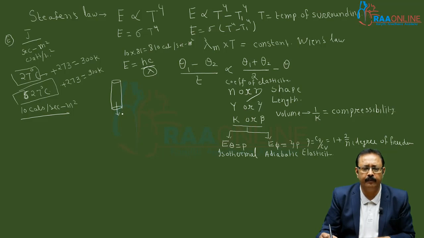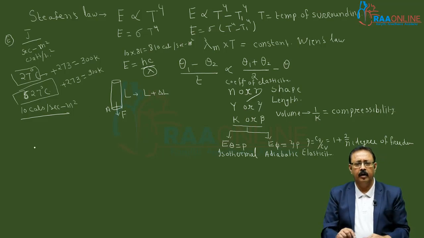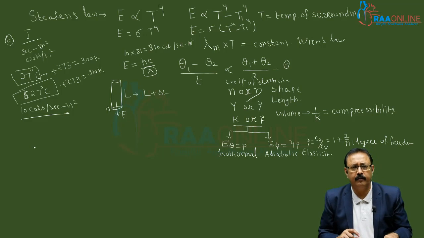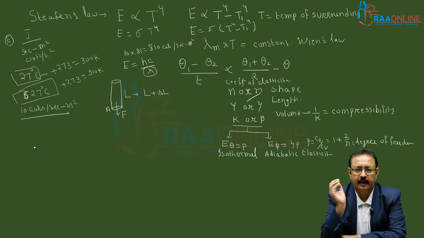I am applying a force F and its length changes from L to L plus delta L. The area of cross section was A. If this wire is elastic, after removing my force it will go back, and the length will again become L.